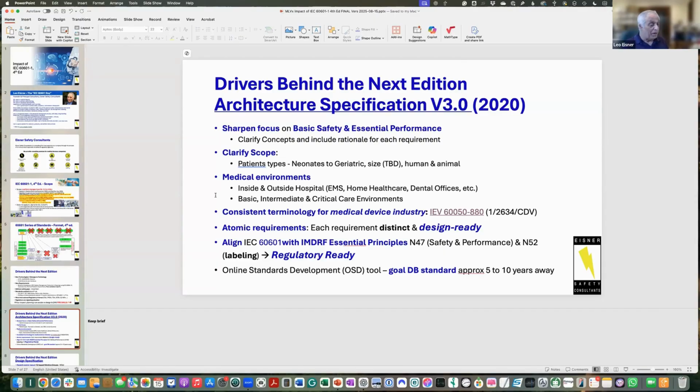Also clarifying what the medical environment is. And we're working on definitions and terminology to really clarify that really well. And there's this dictionary, I would call it, of definitions and terms, IEV 60050-880, which has been a 3-year project at this point, I'd call it.